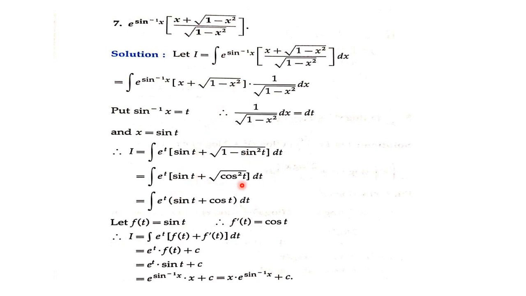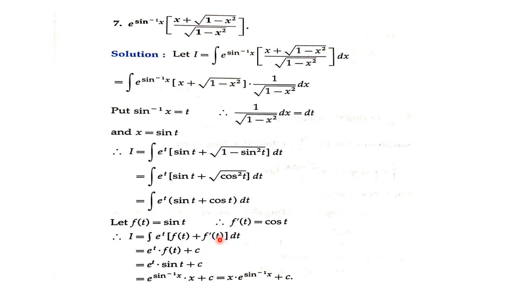Now sine t plus under root 1 minus sine square t, which is cos t, dt into e raised to t (sine of t plus cos t) dt. Let f of t be equal to sine of t, therefore f dash of t is equal to cos t. Therefore I is equal to the integration of e raised to t in bracket f of t plus f dash of t dt.